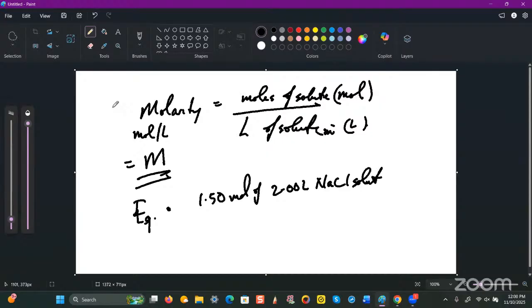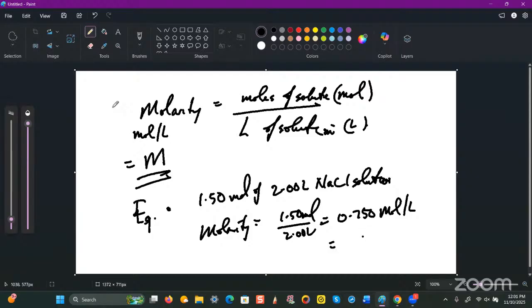If you're asked to find the molarity of this, the molarity will be equal to the moles, which is 1.50 moles, divided by 2.00 liters. That gives 0.750 moles per liter, which is the same thing as 0.750 M. And that would be how you calculate the molarity of a solution.